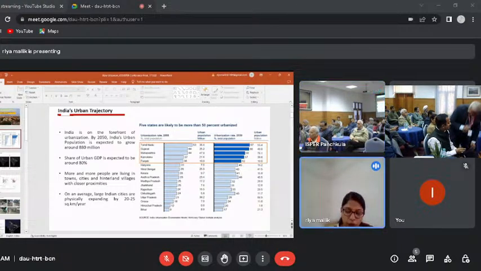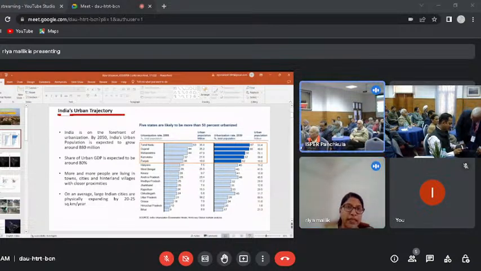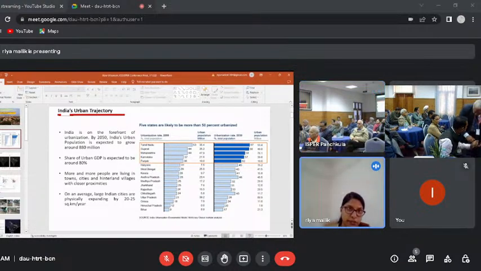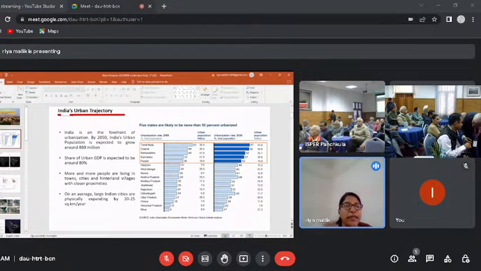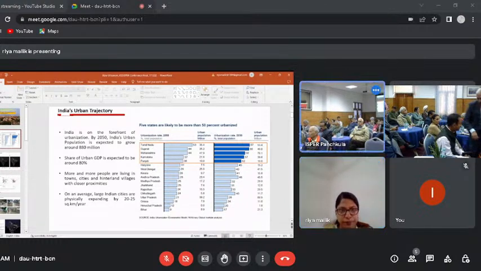As you all know, India is at the forefront of massive, rapid urbanization, and it is expected that by 2050, India's urban population will reach about 880 million.